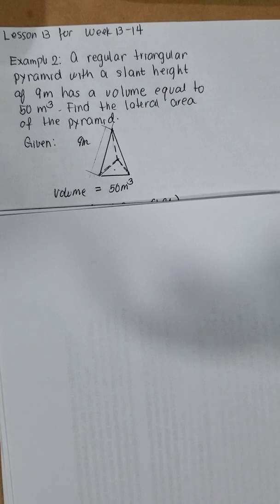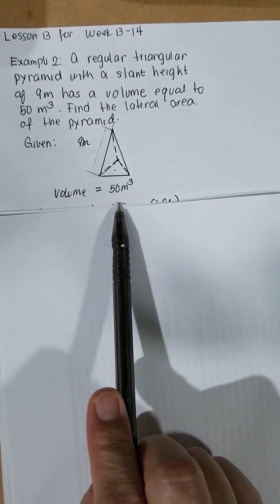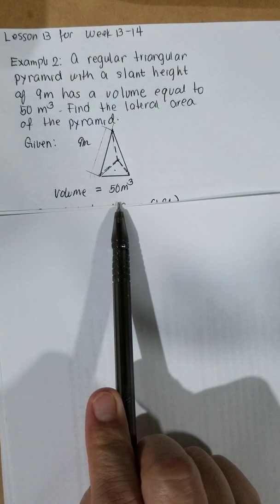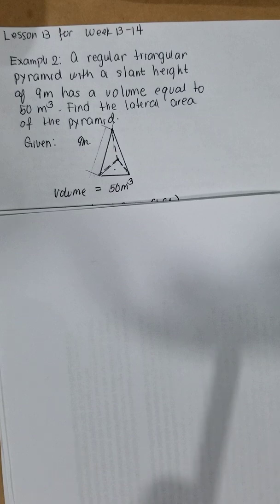Example number 2 gives us a regular triangular pyramid with a slant height of 9 meters and a volume of 50 cubic meters. We are being asked to find the lateral surface area of the pyramid.